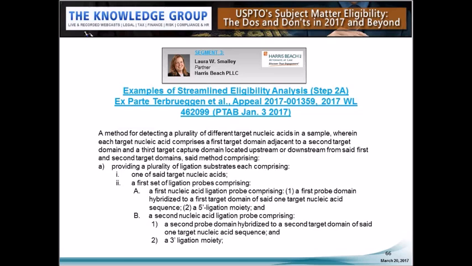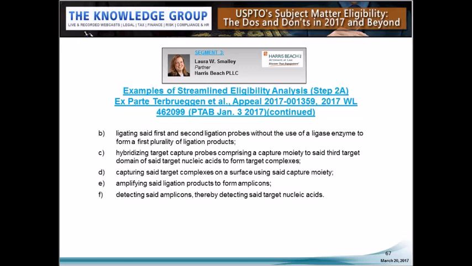The main point here is that the board was not persuaded that the detecting step recited in the claim process was an abstract idea because step F of the applicant's claim required an actual physical detection of amplified nucleic acids. It wasn't a mental step, such as reading a report or viewing a result. The PTAB also found that the examiner had not explained adequately why the concrete physical steps were analogous to the abstract mental processes involved in the critical comparison step in the Ambry case.